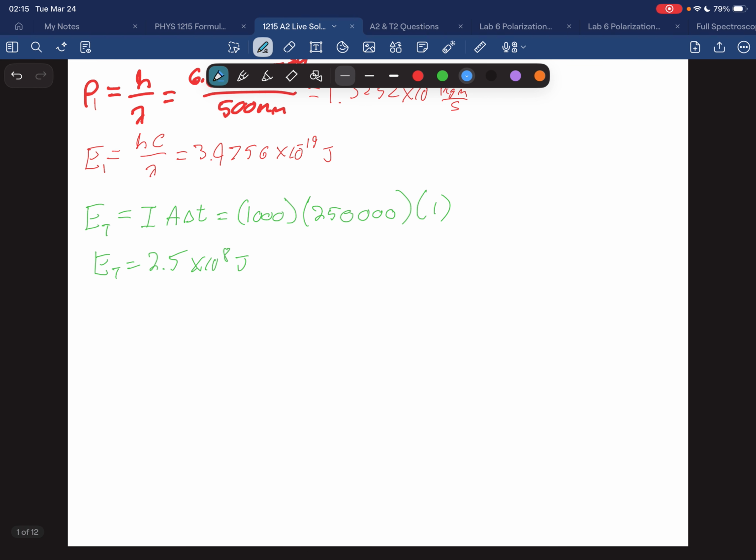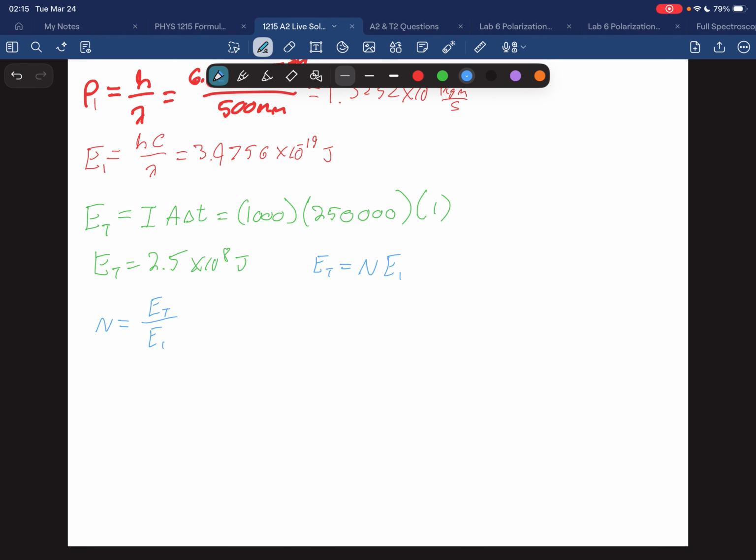Moving on. Now I am going to find the number of photons, and to do that, I'm going to take the total energy and divide it by the energy of one photon. So the total energy is just going to be the number of photons multiplied by the energy of one photon.